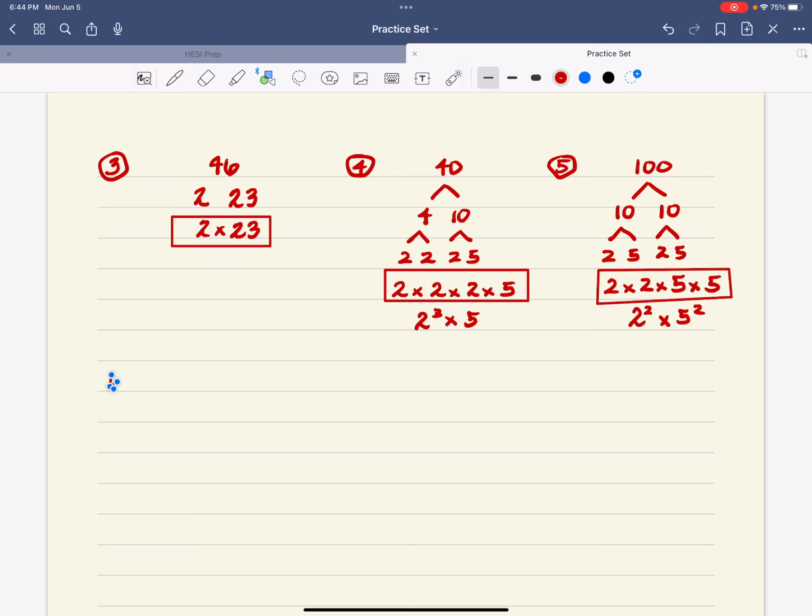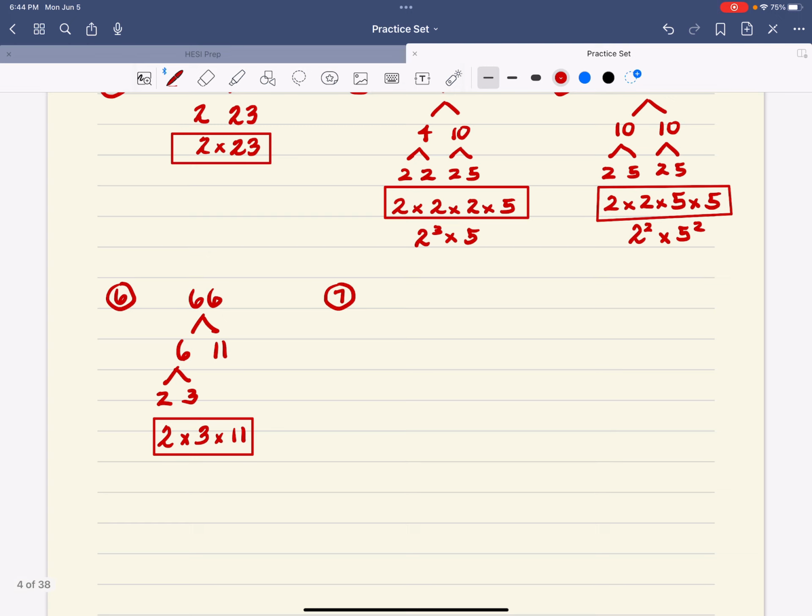Number 6, we have the number 66. And for this one, I think of 6 and 11. And then 2 and 3. So 2 times 3 times 11. Those are all prime numbers. So that is our prime factorization.